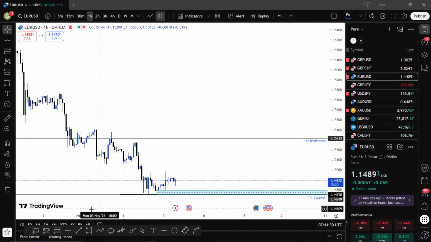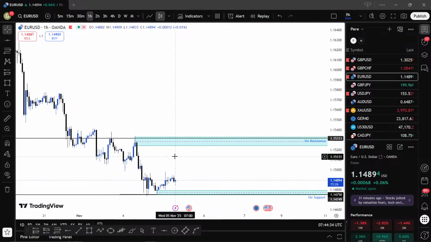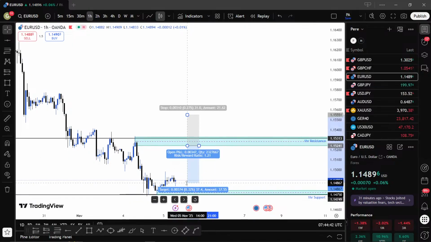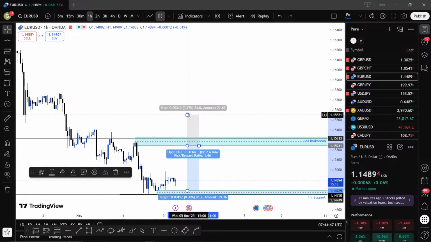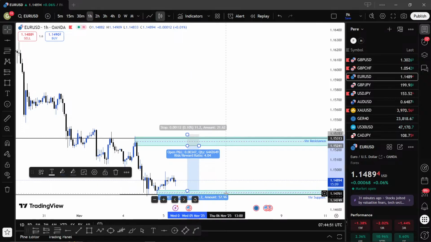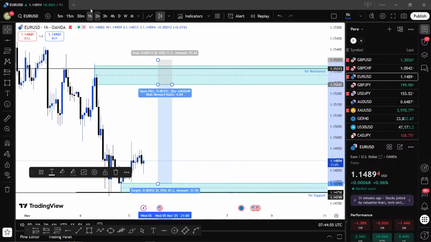This market also has a 1 hour supply here that we can be looking to sell from, that actually matches with the 1 hour resistance as well. So either of these places that gets triggered first, we're actually going to take it. If the 1 hour resistance gets triggered first, we sell from there. And if it's the demand that we marked here that gets triggered first, we're going to buy from there as well. So either way that plays out, we're going to take this trade.